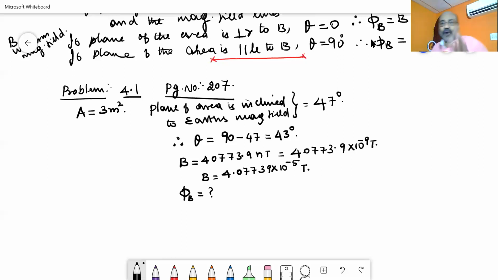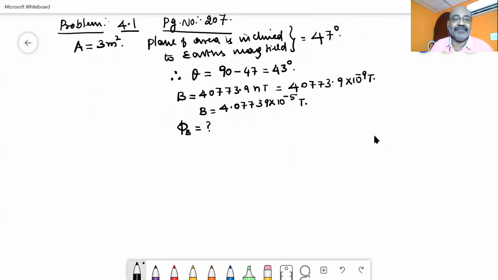The problem given is a lengthy problem with a lot of theory, but the calculation is very simple. In order to calculate the magnetic flux linked with that antenna, we know that the formula for flux linked is B into A into cos theta.